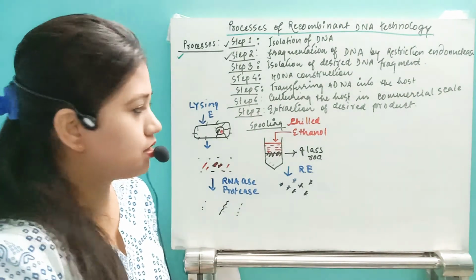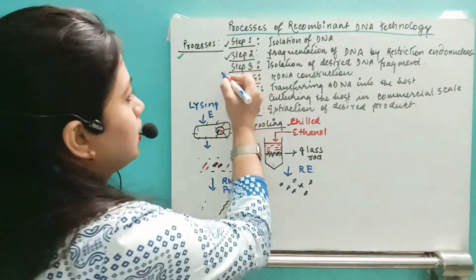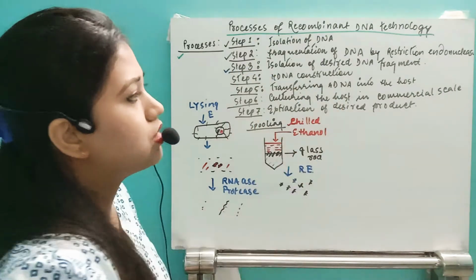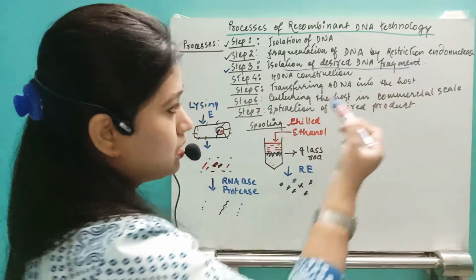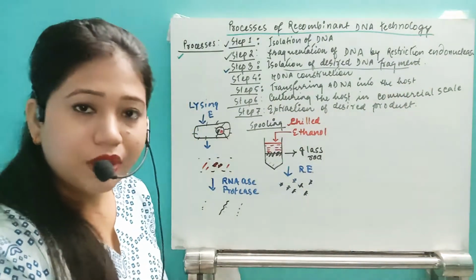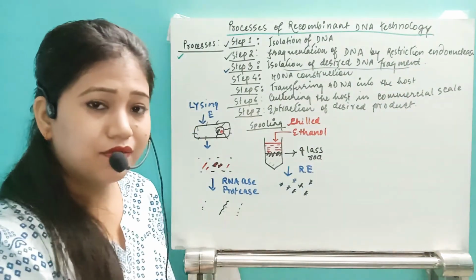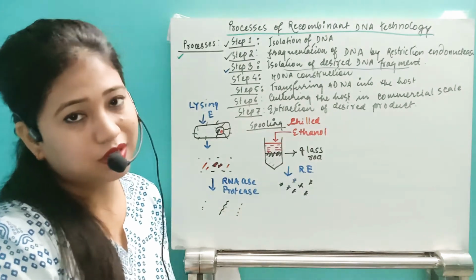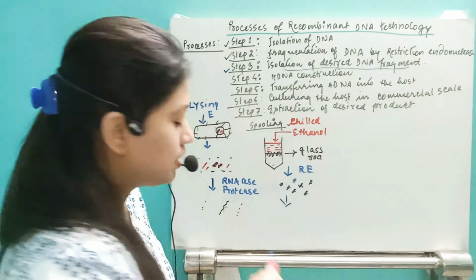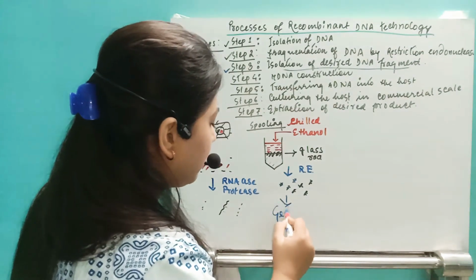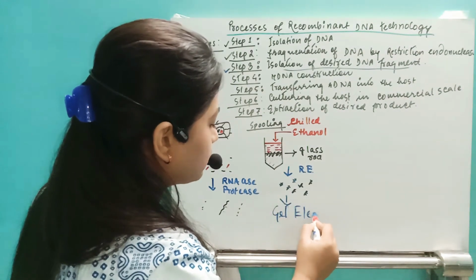Now after that, the next step is isolation of the desired gene fragment, or the desired gene, or the desired DNA fragment. How can we separate the DNA fragments? Here the question arises, for that we require one step. That step is gel electrophoresis.